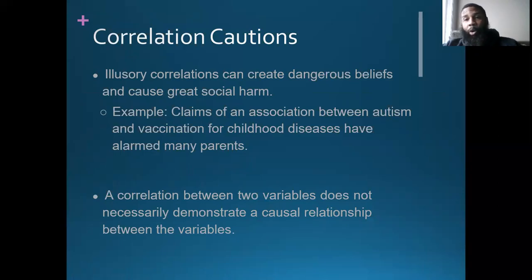You will hear that over and over again. Because otherwise, you can make the mistake of thinking a variable causes another variable. And then this can cause an ill for the entire society, but also it will ruin your study.